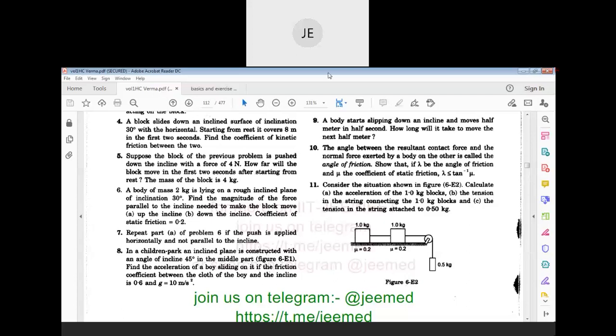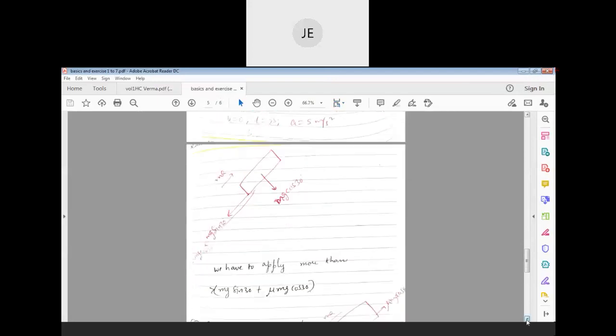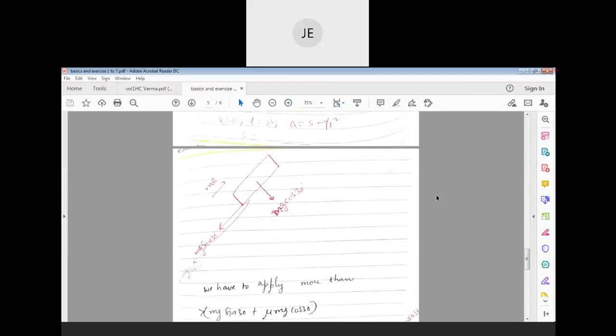So again, let us go for free body diagram. In this problem, the same mg, we have to move upwards, so the applied force should be upwards. So frictional force will act downwards, mu mg cos 30 downwards, and mg sin 30, the weight component, is also downwards.